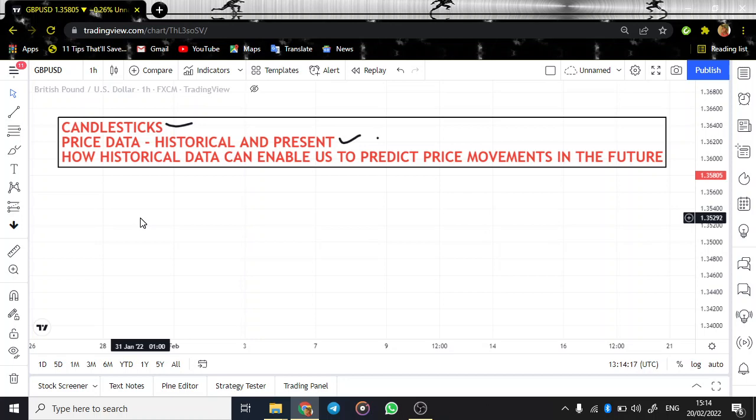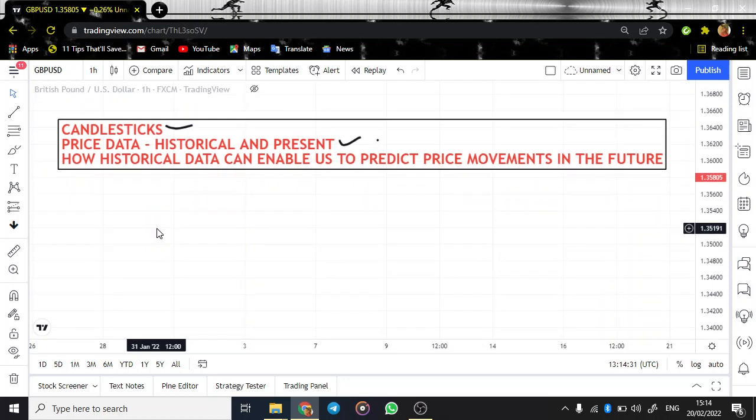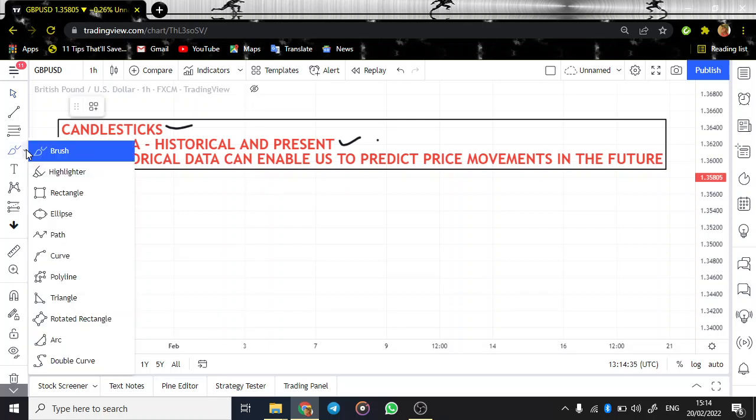So in the forex market, we have about 3 instruments that show us price data. The most common one being the Japanese candlestick.